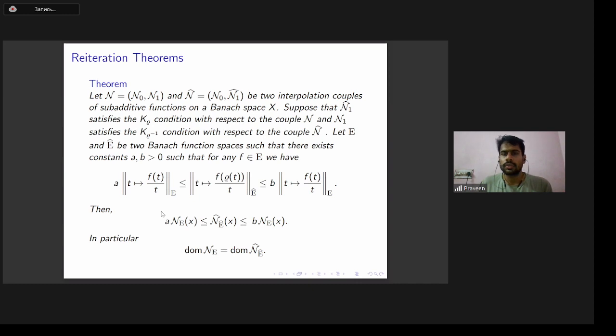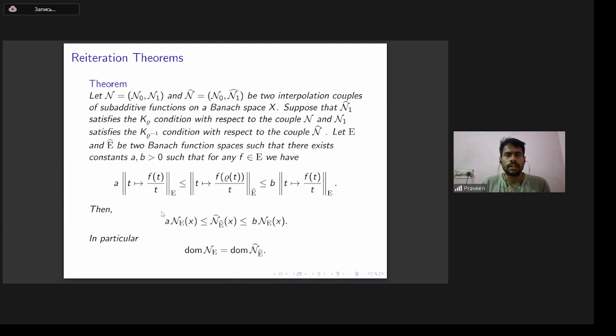Here the first function of both couples is the same, and the second functions are different, but all these functions satisfy the subadditivity property. And suppose that the function N1 hat satisfies the K rho condition with respect to the first couple, and the function N1 satisfies the K rho inverse condition with respect to the second couple.